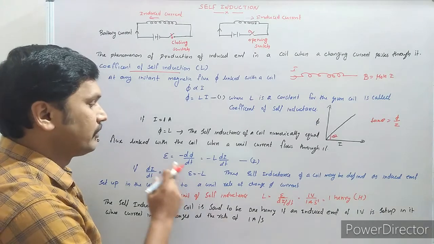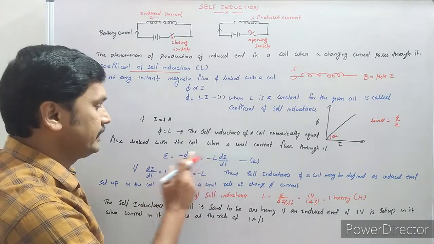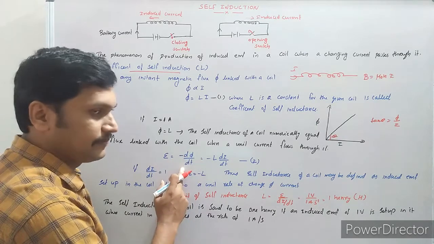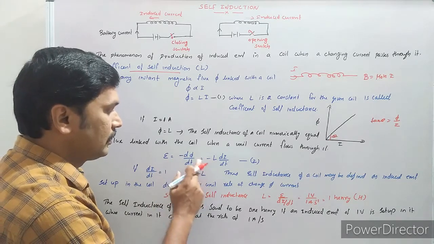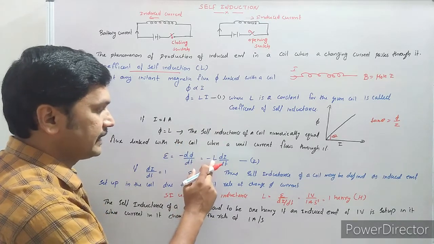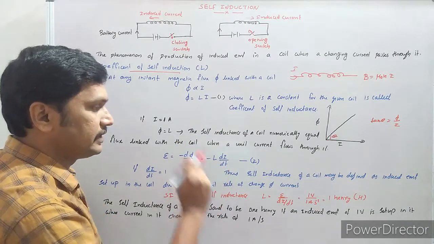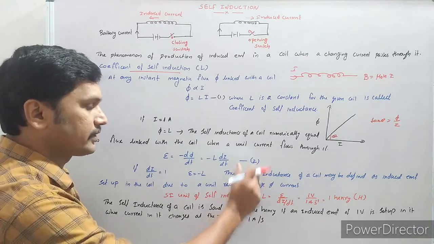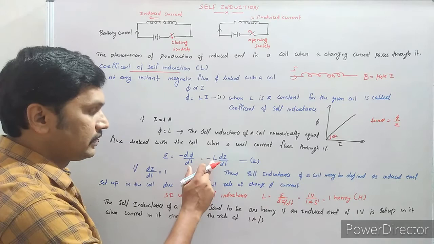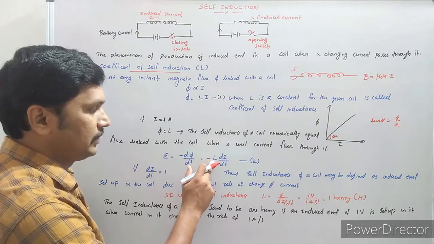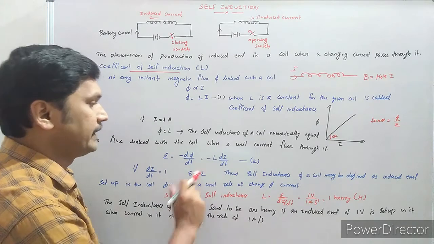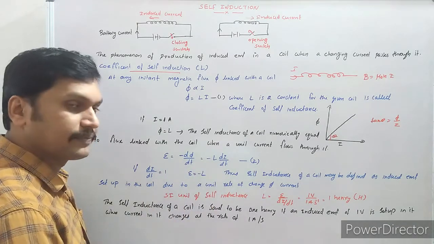According to Faraday's law of electromagnetic induction, E is equal to minus d phi by dt. Substituting phi is equal to L into I, we get minus L into di by dt. So the induced EMF is equal to the self-inductance of the coil into the time rate of change of current through that circuit. E is equal to minus L di by dt.